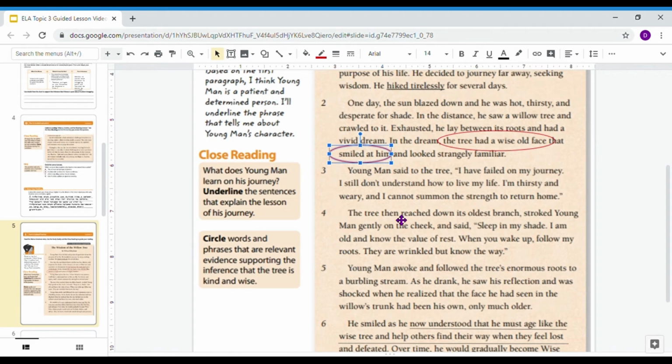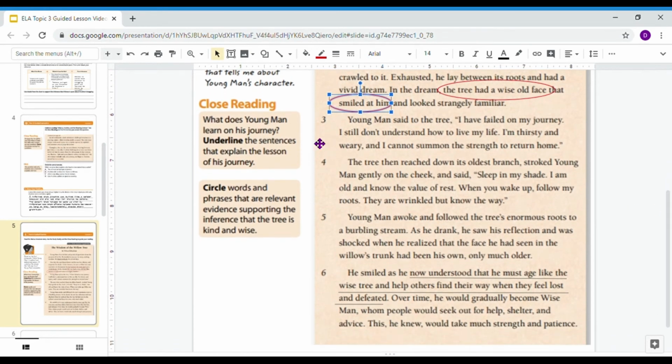And then some other details that we see about the tree are things like, right here, it says that he gently stroke. Think about a branch coming down and touching you or petting you. And so the fact that he did that gently really shows that he's kind and he knows what he's doing and he seems to be very wise.